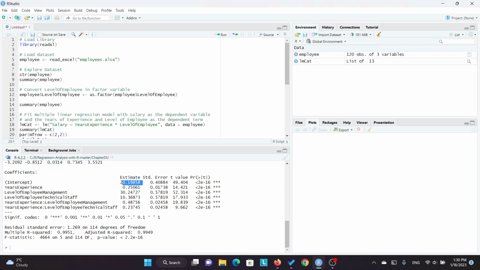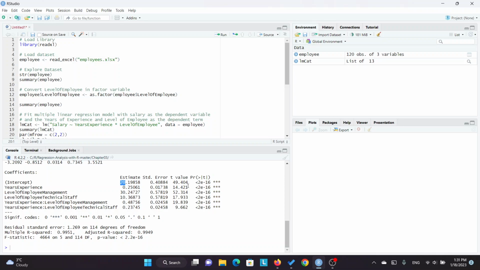Here the intercept means the salary when everything else is 0: years of experience is 0 and level of employee is not considered. In this case, I don't think it makes sense to have any salary when everything else is 0, but the model estimates the intercept to be 20.19858.